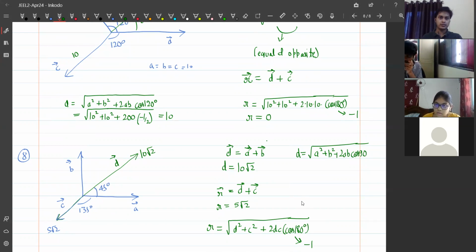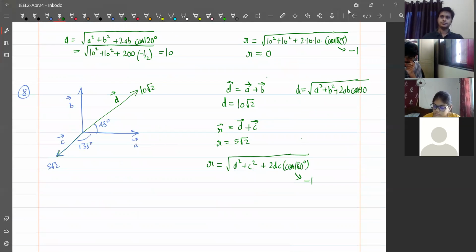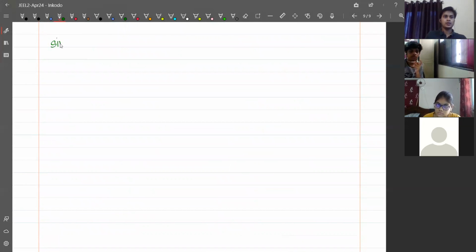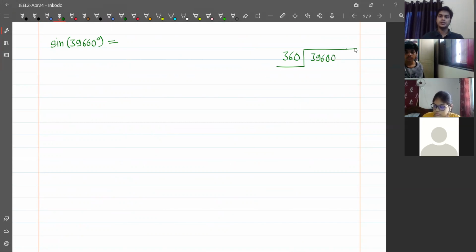Sine of 39660 degrees. Okay. So if I divide it by 360, I'll get the remainder and the quotient both.